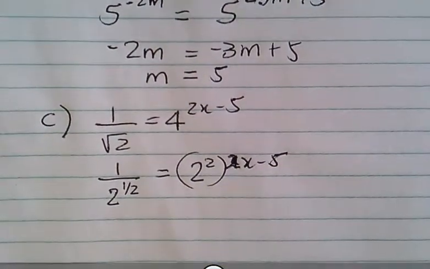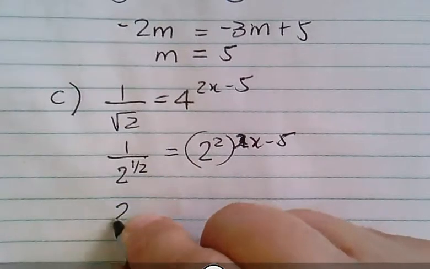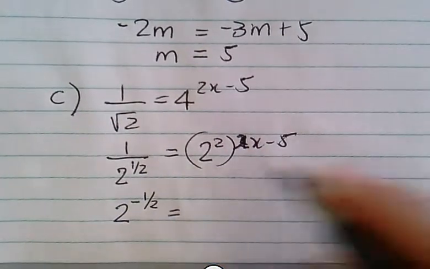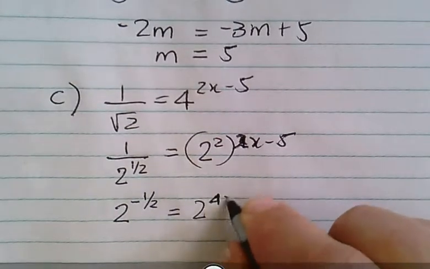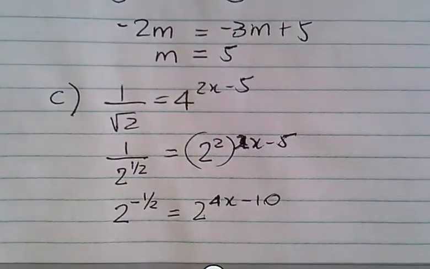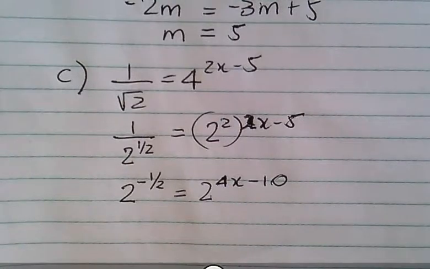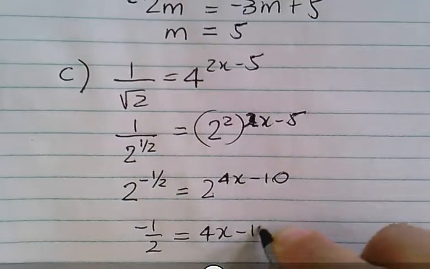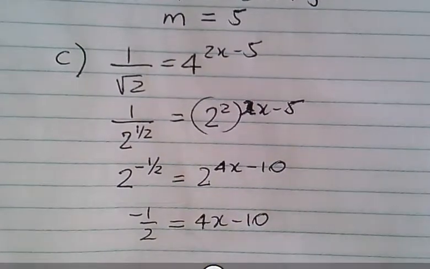Now how am I going to write 1 over 2 to the half? 2 to the negative a half equals, now I can expand, 2 to the power of 4x minus 10. And now we can equate our powers. Negative a half equals 4x minus 10. You can multiply through by 2.